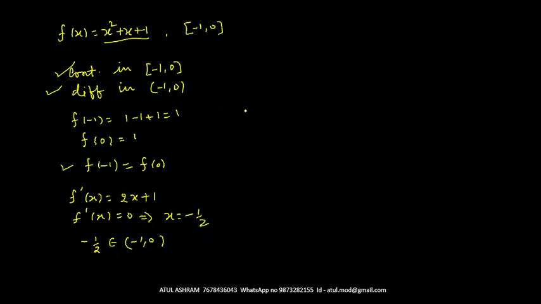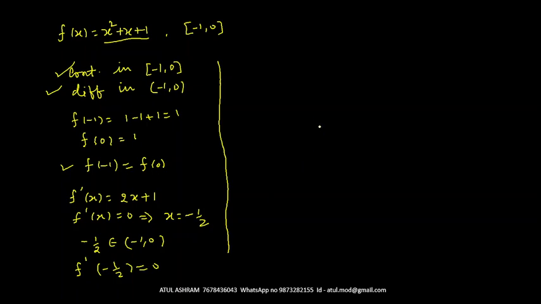Fine. So this function f(x) satisfies all the conditions of Rolle's theorem, and we have been able to find the c where the derivative is 0. Okay. Minus 1 by 2 is a point where the derivative is 0. f dash of minus 1 by 2 is 0.